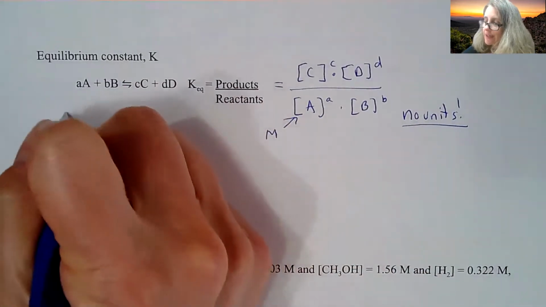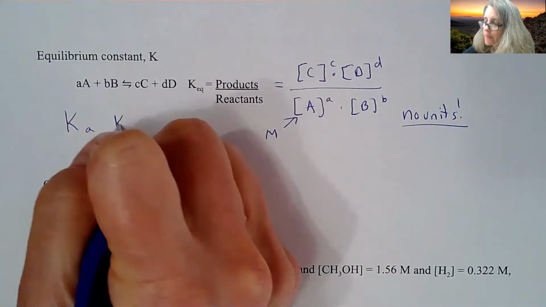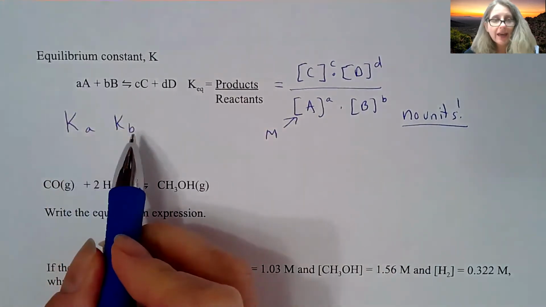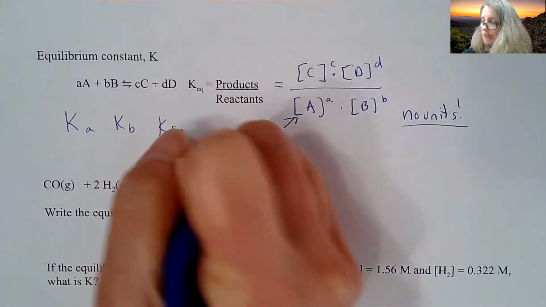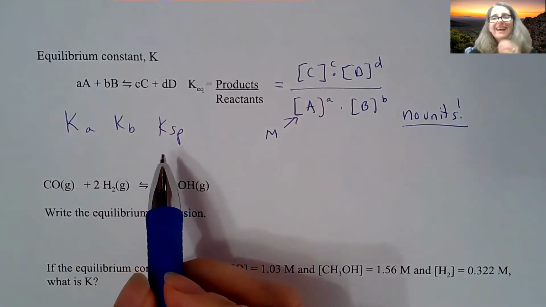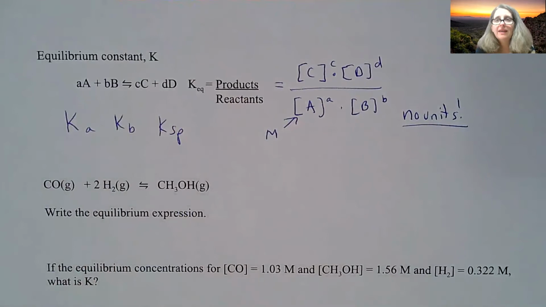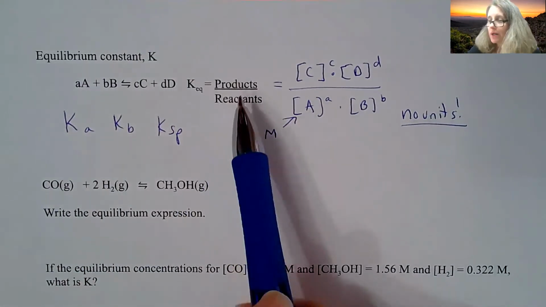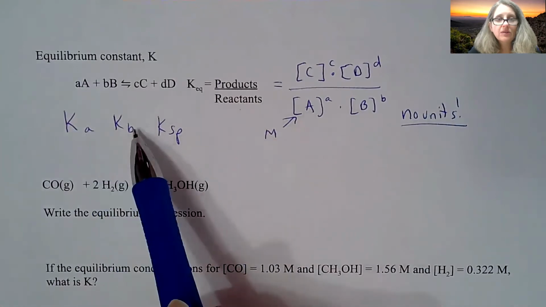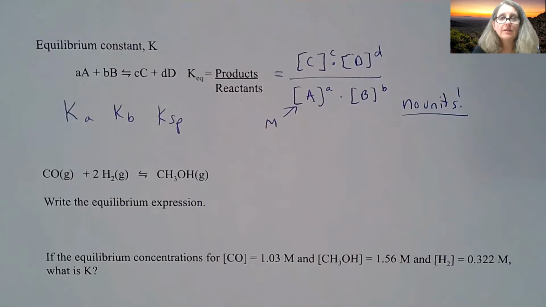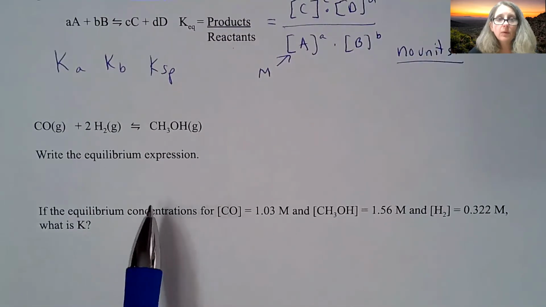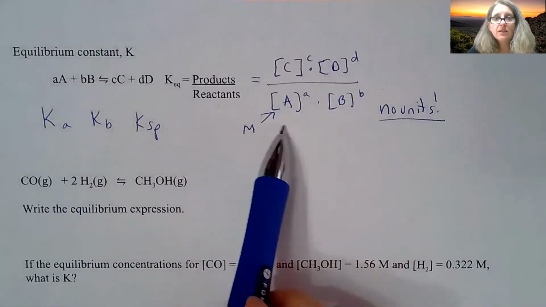We're going to have different Ks as we go along: Ka and Kb when we get to acid-base chemistry, and at the end of this lecture we'll talk about something called KSP. Ks in general are always going to be products over reactants. You're just going to see letters that mean something different for the situation you're at.